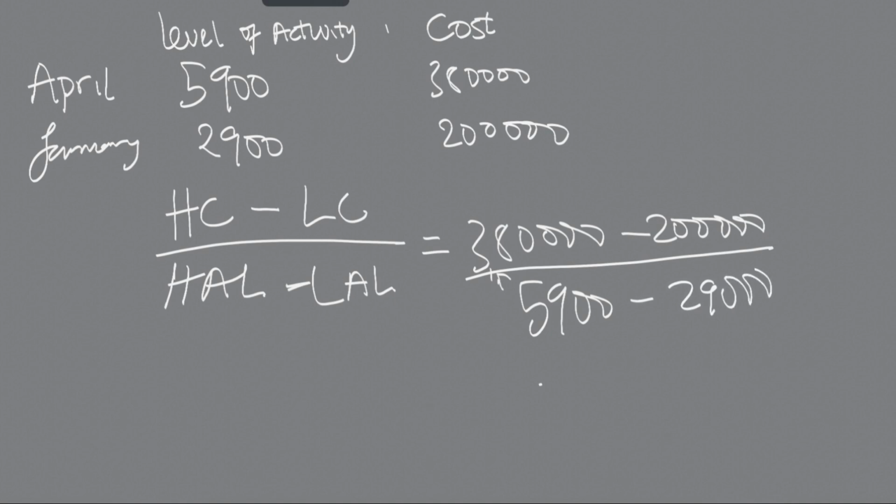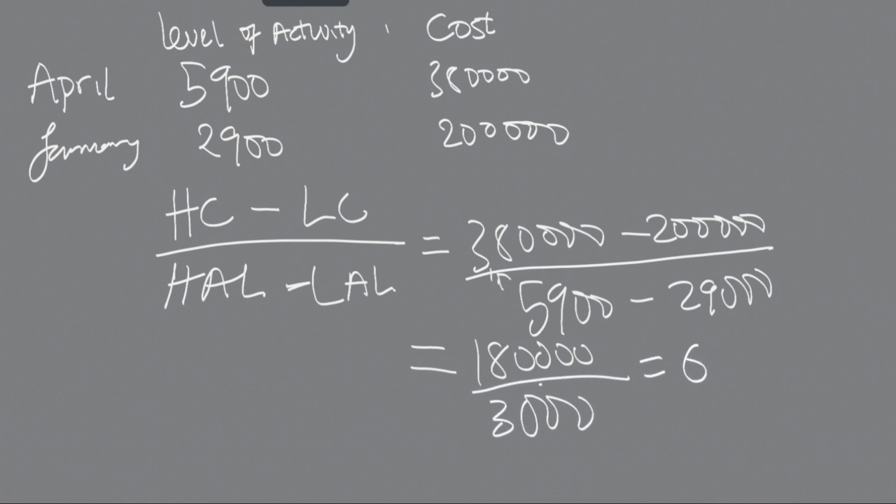So it's going to give us 180,000 divided by 3,000, which would result in 60 naira per unit. So our variable cost is 60 naira per unit. The next step is to calculate the total fixed cost.